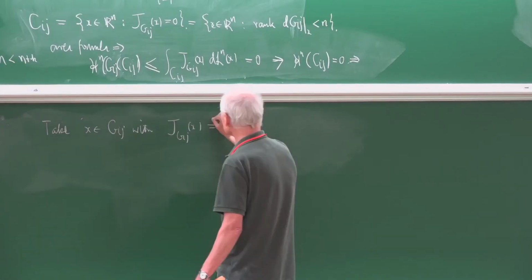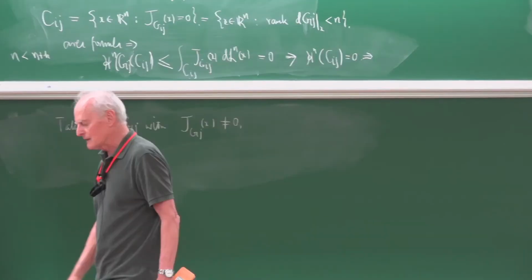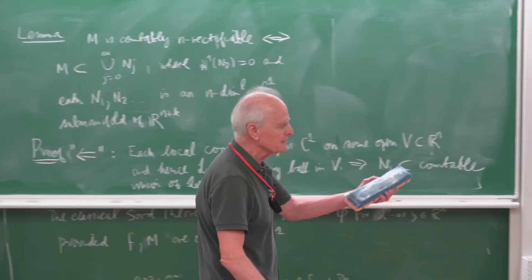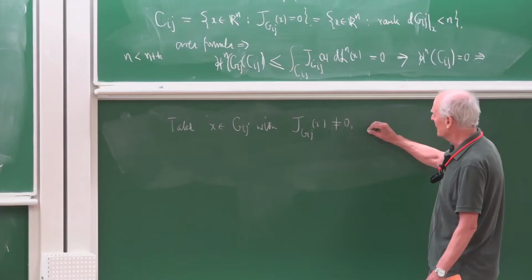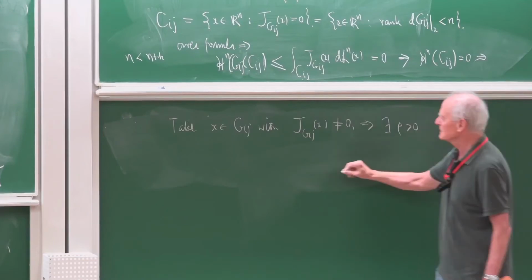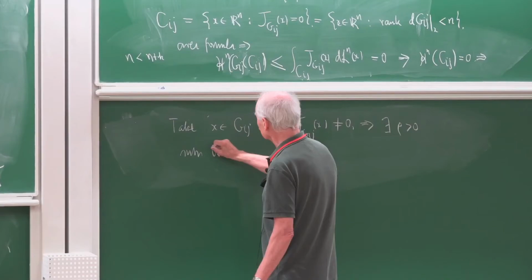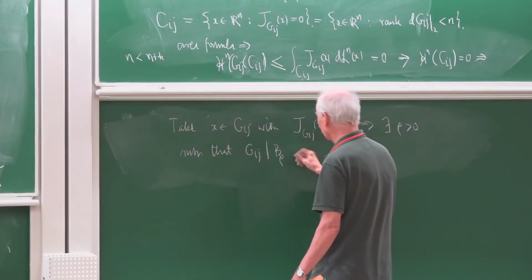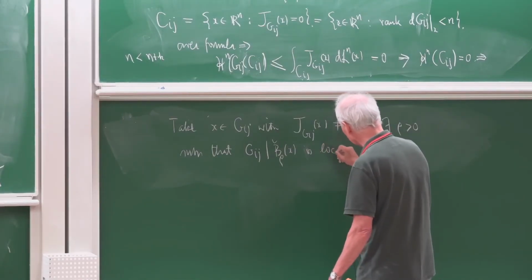Well, if you think back to our discussion of local graphical representations of submanifolds, you'll see that we considered this case, and it's very easy to prove in this case that there exists a rho bigger than 0 such that Gij restricted to the open ball of radius rho centered at this point x is a C1 diffeomorphism, it's a local coordinate representation, to be more precise.